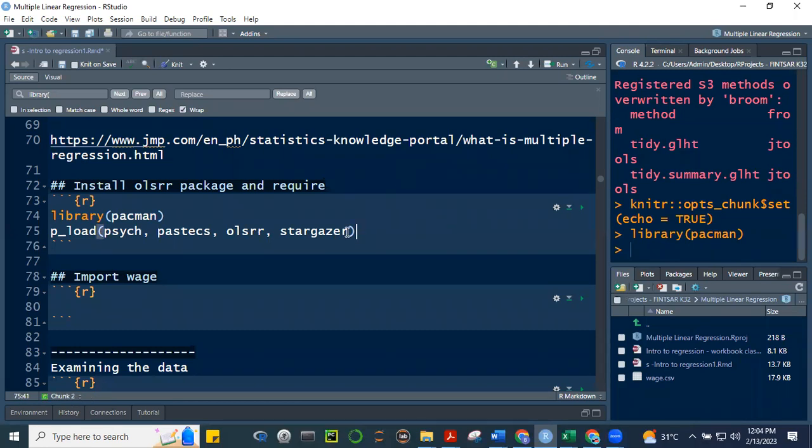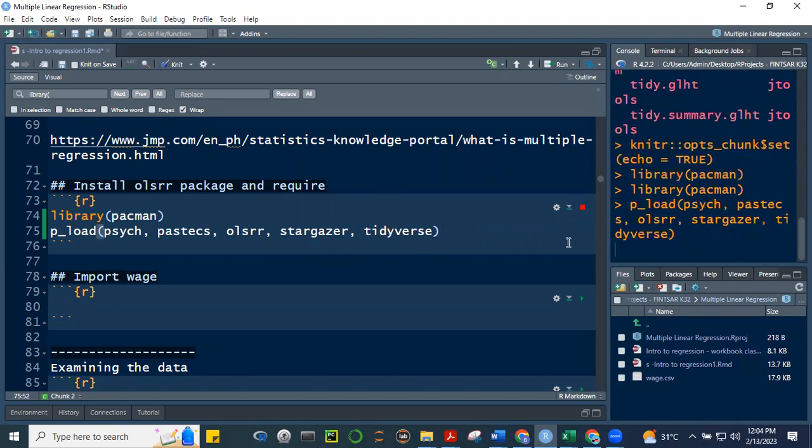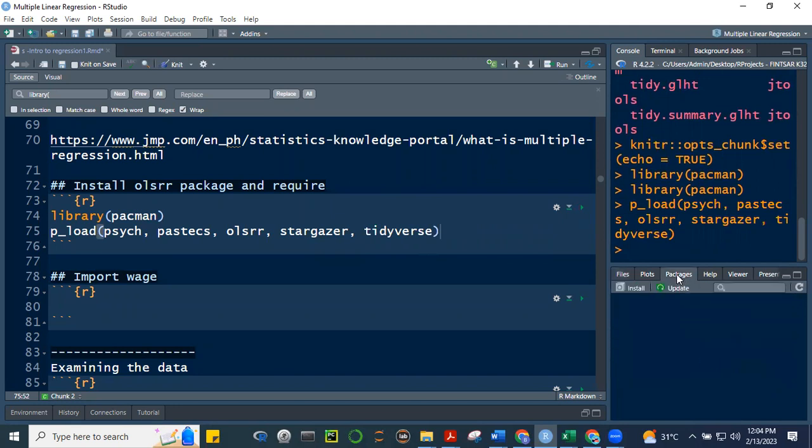And let's include load na rin natin si tidyverse. Okay. So let me run this. I need not install this because I have these packages already, and then it's done. Very quick.